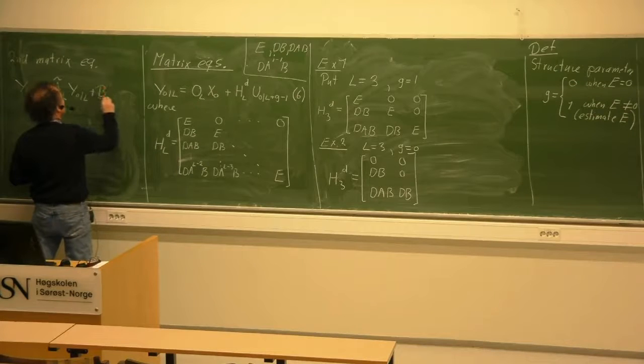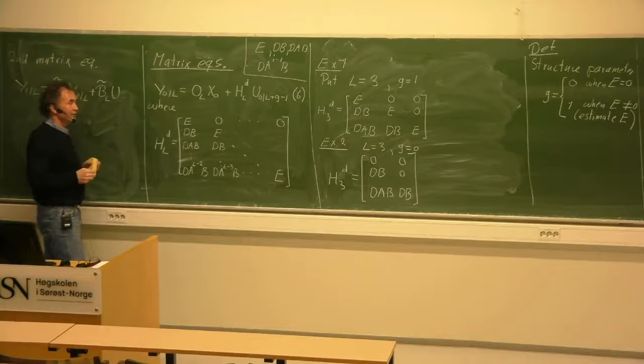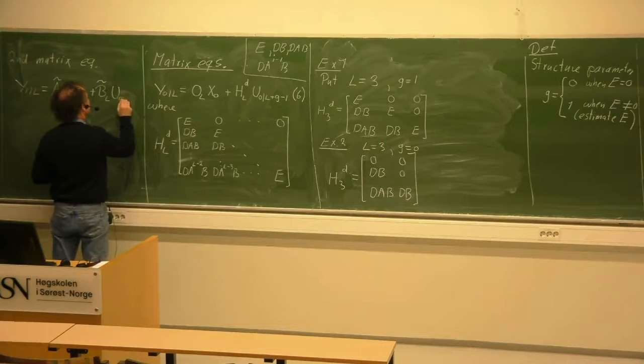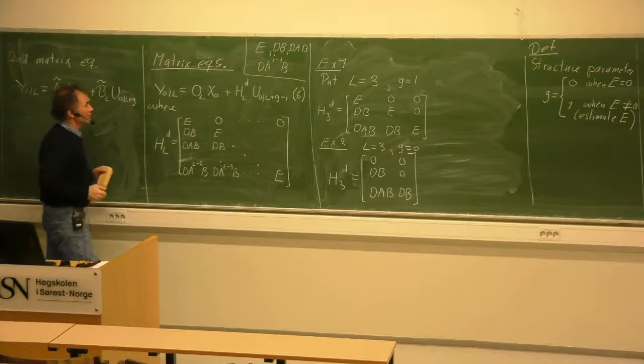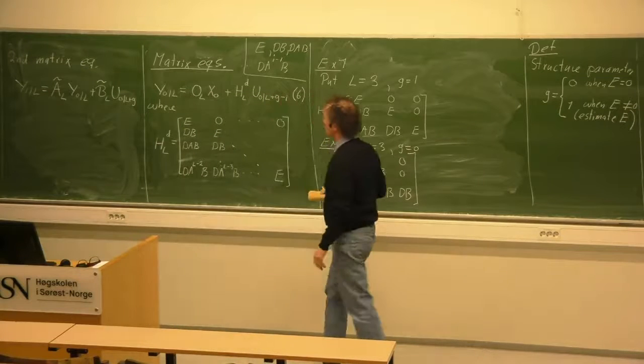I use BL tilde for this matrix, a Hankel matrix defined from the non-zero input, U0 given L plus G rows. Here we have L plus G minus 1 rows.